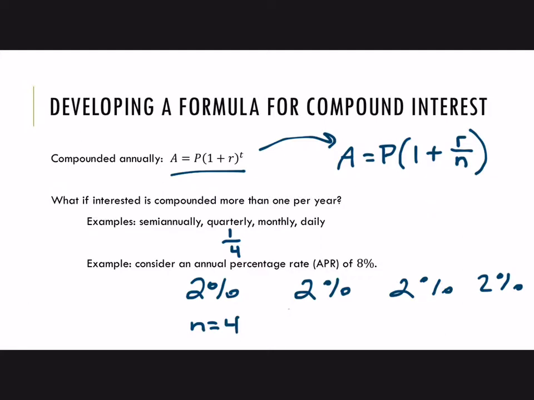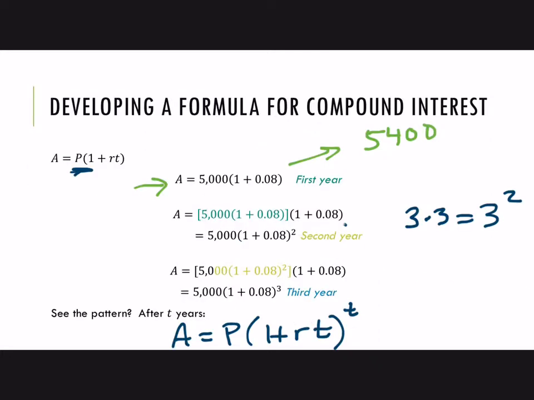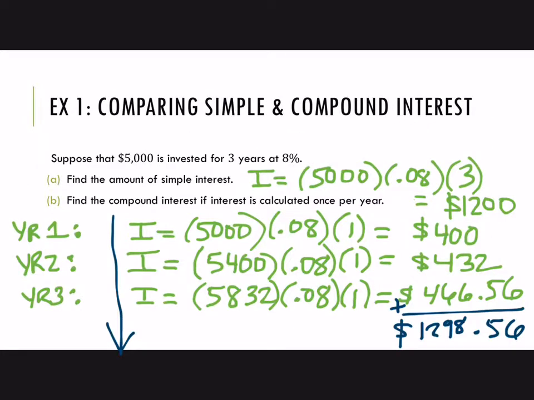Now, the number of times that the interest is compounded will also multiply in the exponent. So in our last example we did 3 years. Let's say it's 3 years but quarterly. Well, that would mean if we went back and did this the long way, instead of doing this yearly, I would have to do this quarterly.